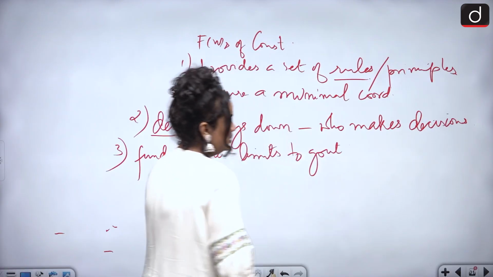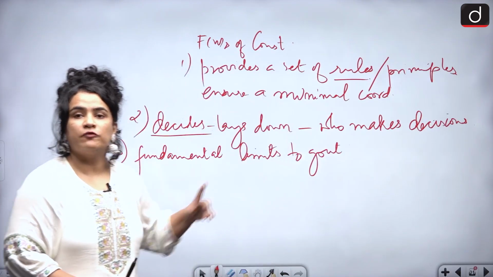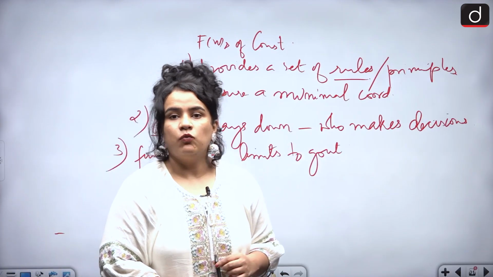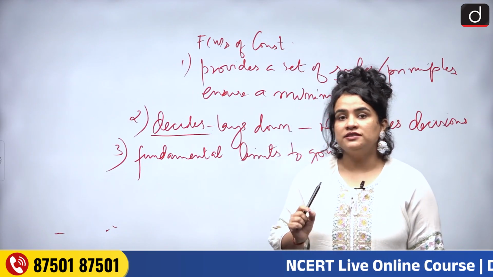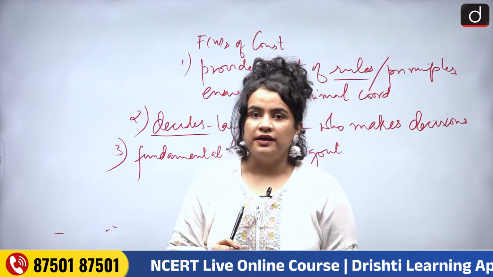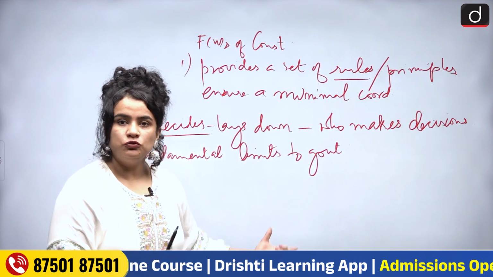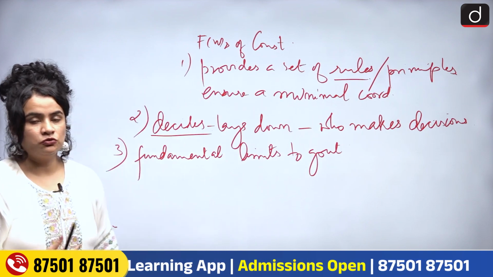So basically, Constitution provides limits to the government which are fundamental in nature. Why do we call them fundamental limits? It's because the government cannot trespass these limits. There's a limit to what a government can do to the citizens, what it cannot do to the citizens.